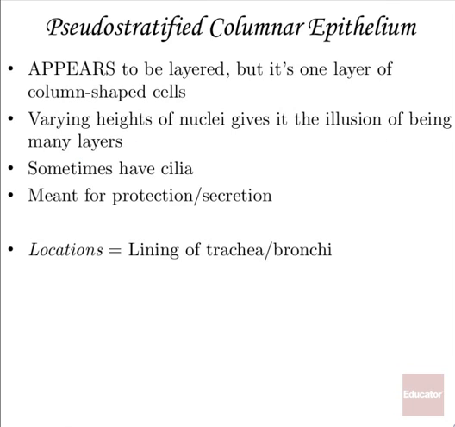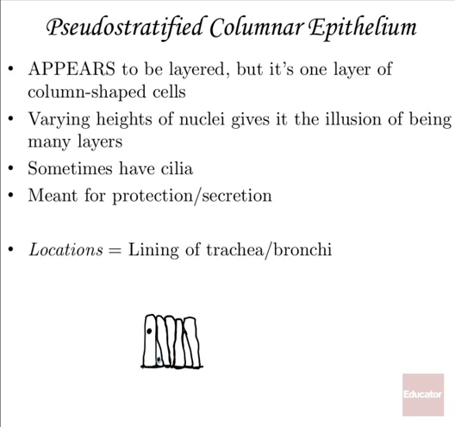So let me draw you a picture. Sometimes you get one of them being smashed in like that. I'll do another one that's kind of smashed in. But you can see that this is one layer of epithelium of column-shaped cells.